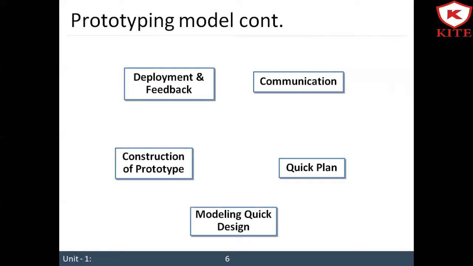From that we can develop some type of prototype for the further activities. From that we can also get some feedback from the client. So it can also be seen from the figure that all the five activities happen in a very short duration of time.